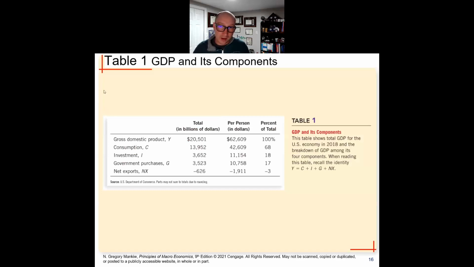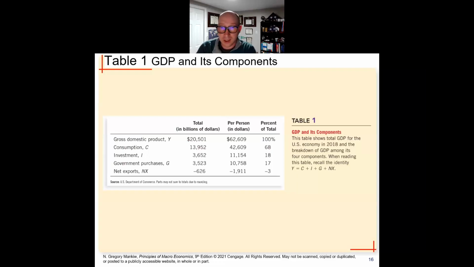in a table format. So how do we figure out in a per person, right? Well, first we got to know what the population is. But we can simply add it all up to figure it out. So if GDP in this example is 20,501, I got a consumption of 13,952 plus investment of 3,652 plus purchases of 3,526 and net exports of minus 626.